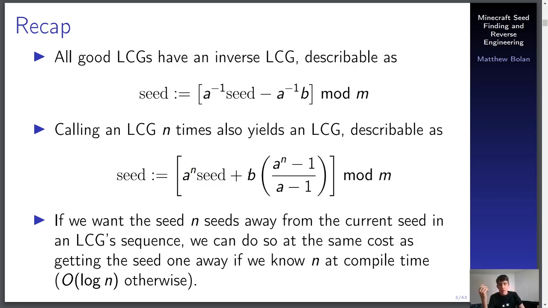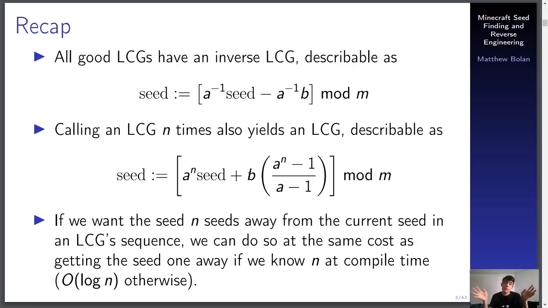And also important is that we have an efficient formula for calling an LCG n times. So this one's a little bit scarier. Again, we established this in the last video, so please go watch that if this is feeling lost, or just accept my word that if you have an LCG and you start out with a seed 0 and you call it n times to get to seed n, there's an LCG out there which you could have called just once that would send seed 0 to seed n, for any choice of seed 0.